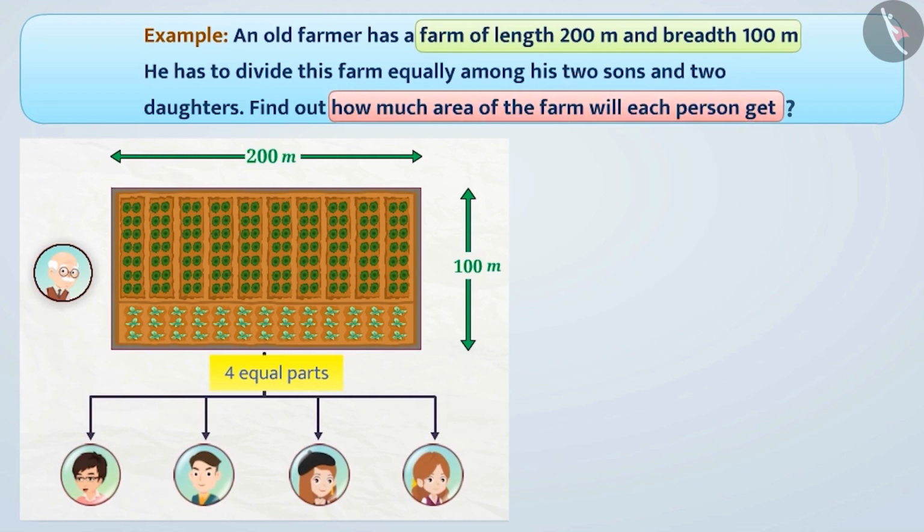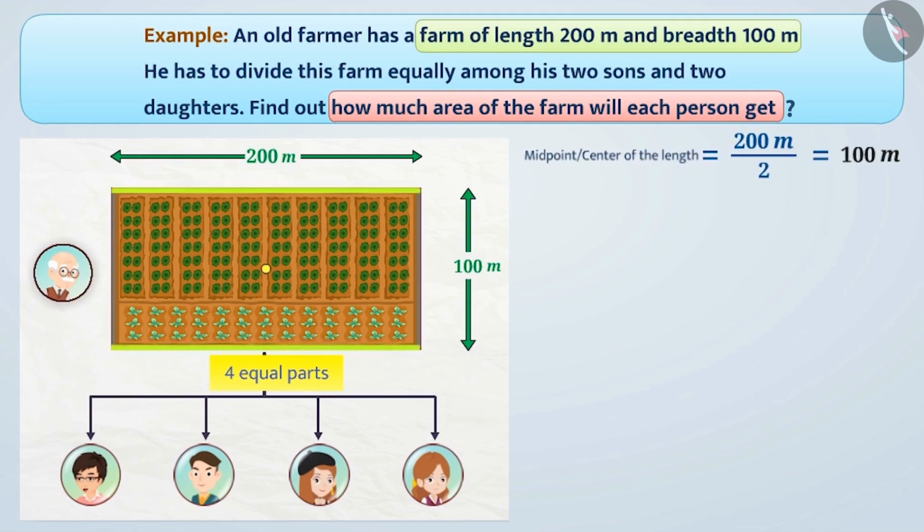We can solve it in different ways. First, let us divide the farm into 4 equal parts. For this, we will divide the length by 2, so that we obtain the midpoint of the length at 200 meter by 2 is equal to 100 meter from the corner. By joining the midpoint of the opposite sides, we will divide the farm into 2 equal parts.